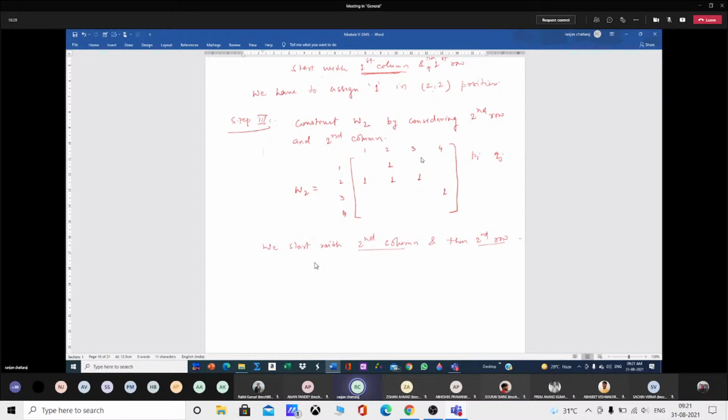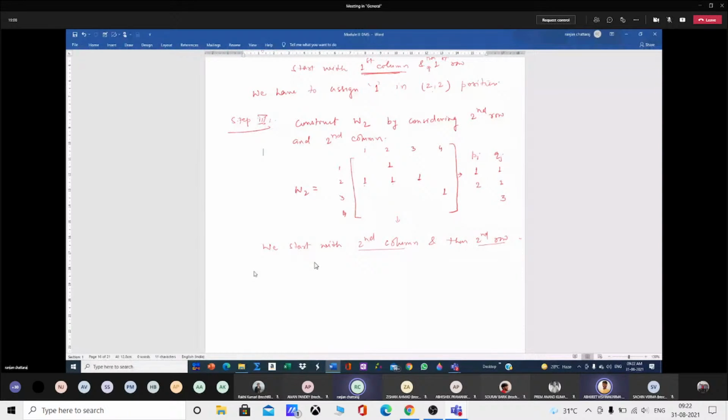So now the second column, this is your second column. What are the positions of entry 1 in this column? First and second, good. And then consider the second row. Here it is 1 in the first column, second column, and the third column also. Okay, so what do we have to do? We have to include which pairs?